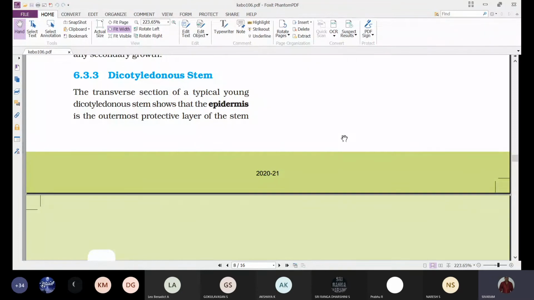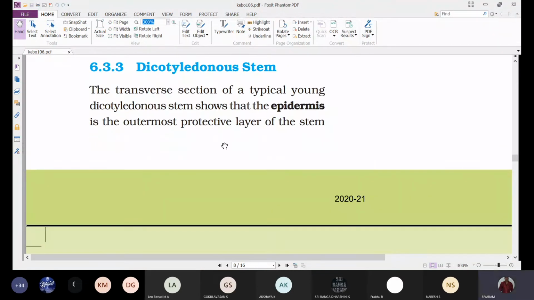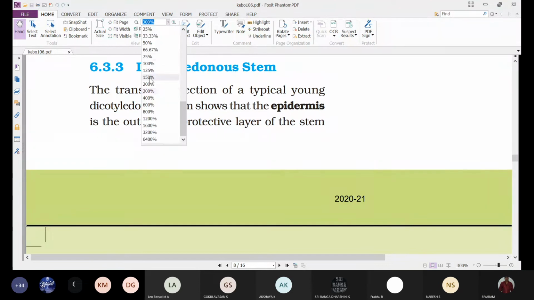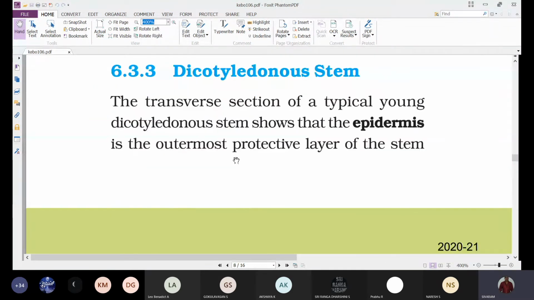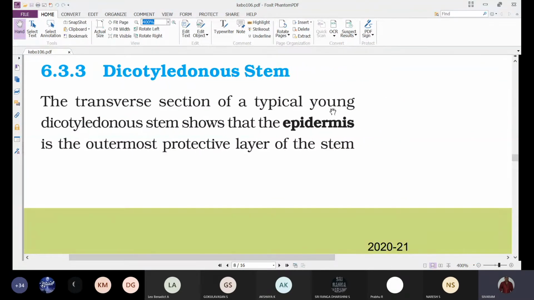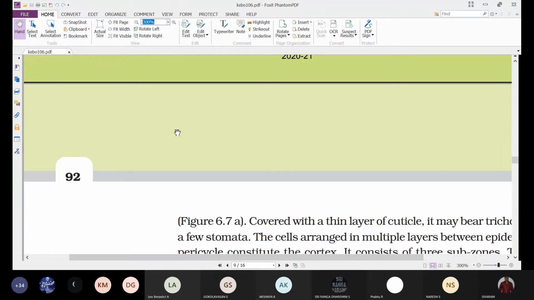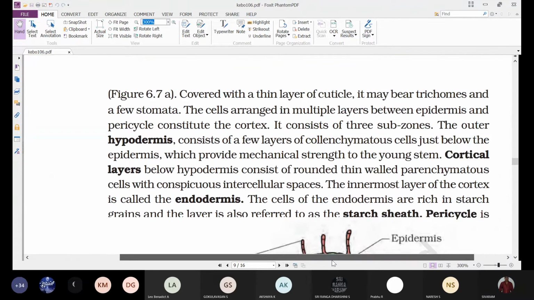When you observe this dicotyledonous stem, the transverse section of a typical young dicotyledonous stem shows the epidermis, which is the outermost protective layer of the stem.